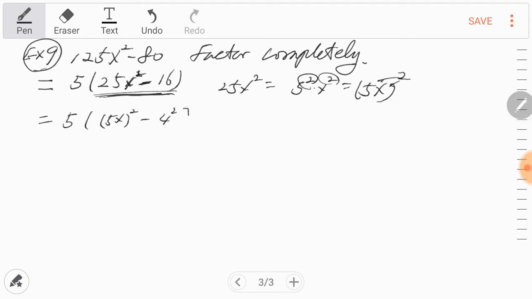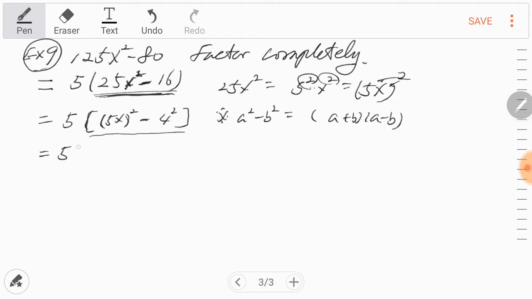Let me use a bracket because I used 5x here. Then this binomial is a difference of squares, so we can use the difference of squares formula. Okay, a squared minus b squared is equal to a plus b times a minus b. So let's use this formula.